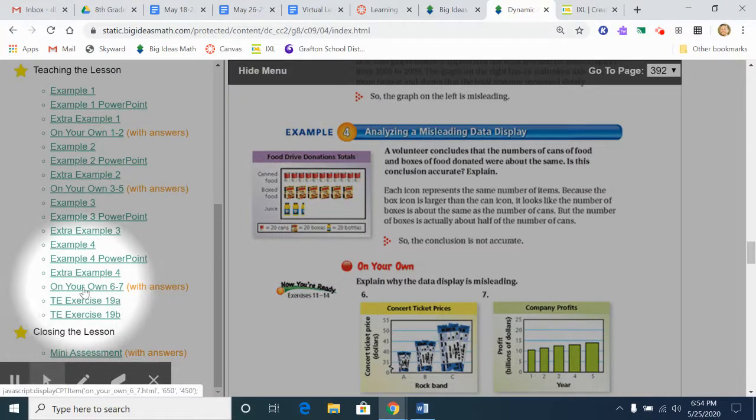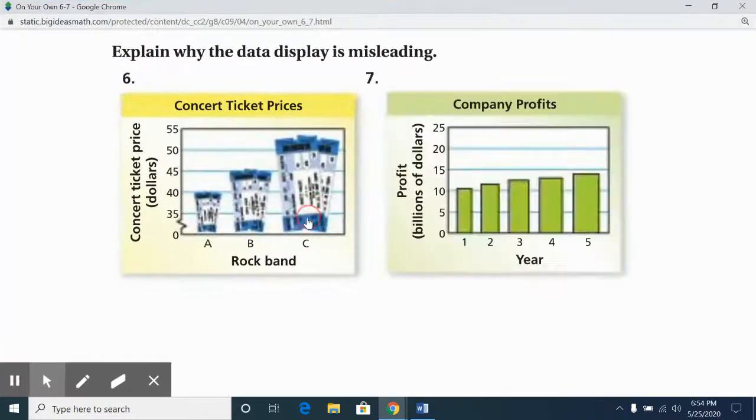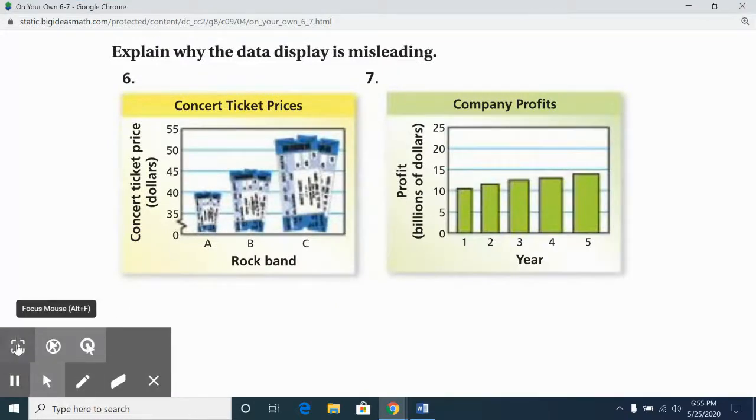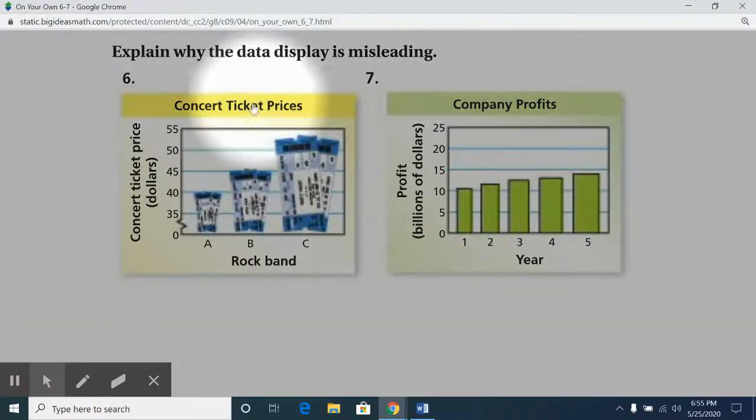Okay, let me show you one more of the same kind. All right, gives us these two. Explain why the data display is misleading. Well, if we look at this, these tickets are a lot smaller than these, which are a lot smaller than these. Okay, so that's why it's misleading. Here, all the boxes are different sizes.